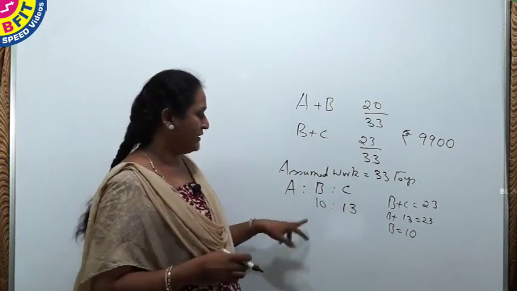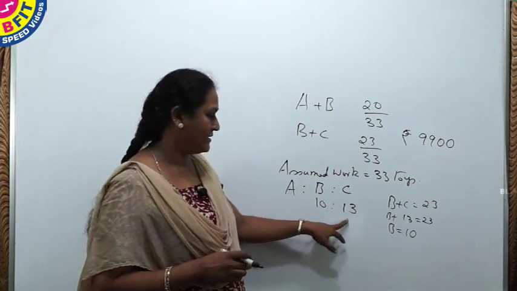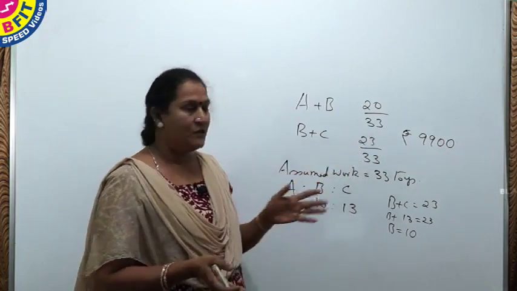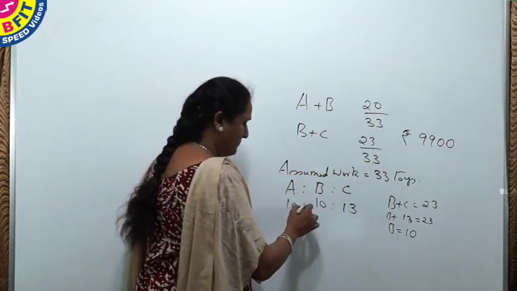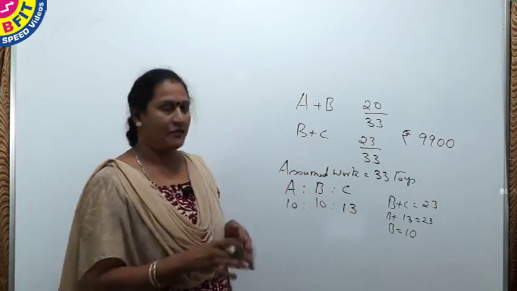So out of 33, B has done 10 and C has done 13, that is together 23. The remaining toys A would have done, so that is 10. Now we have found the ratio for work done.